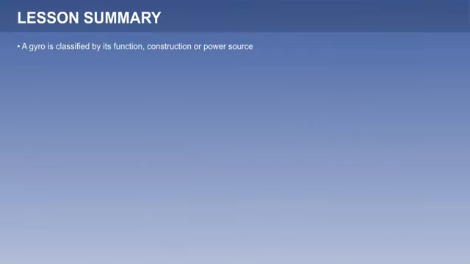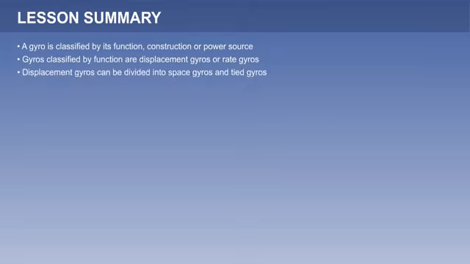A gyro is classified by its function, construction, or power source. Gyros which are classified by function are displacement gyros or rate gyros. Displacement gyros can be divided into space gyros and tide gyros. An earth gyro is a tide gyro, tied by gravity.